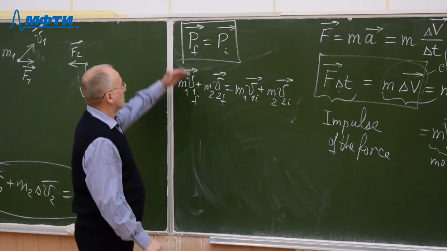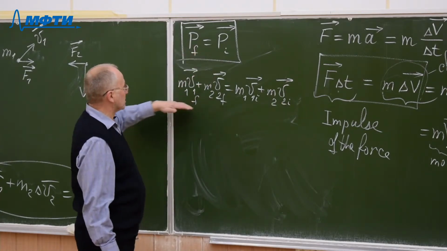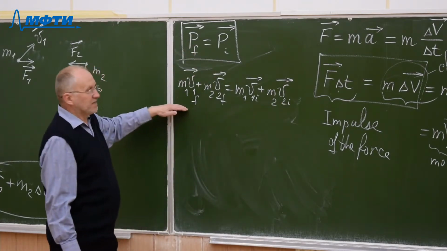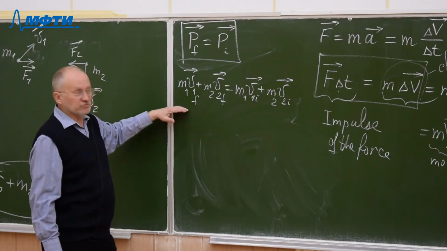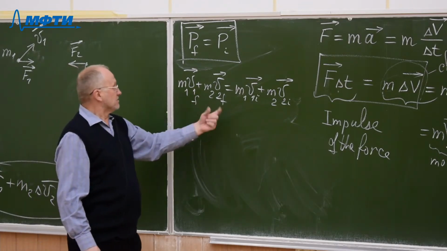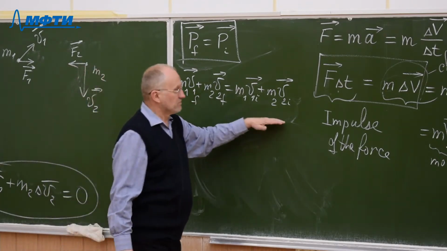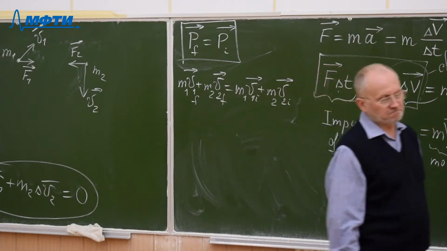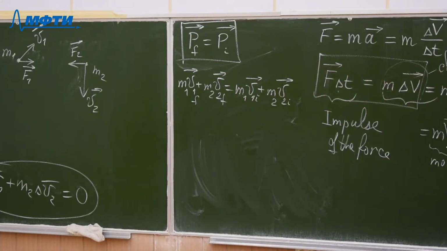So this equation can be expanded to show what it actually means: in detail, the initial momentum equals the final momentum of the particles. This is the law of conservation of momentum of the system of particles.